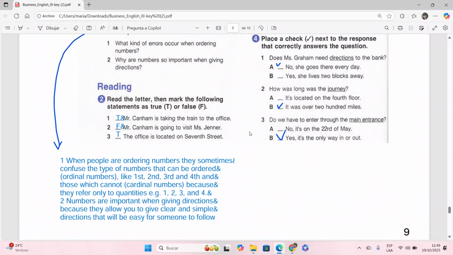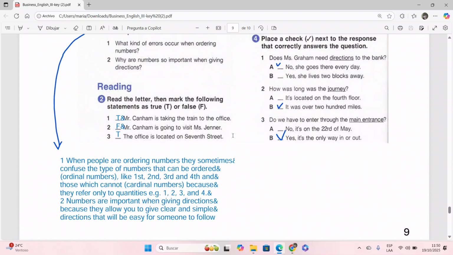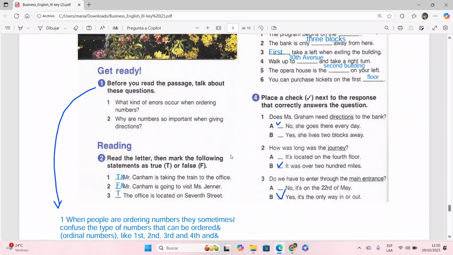Why are numbers so important when giving directions? Numbers are important when giving directions because they allow you to give clear and simple directions that will be easy for someone to follow.